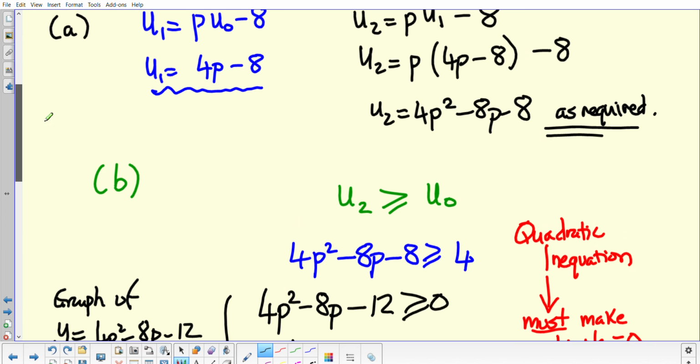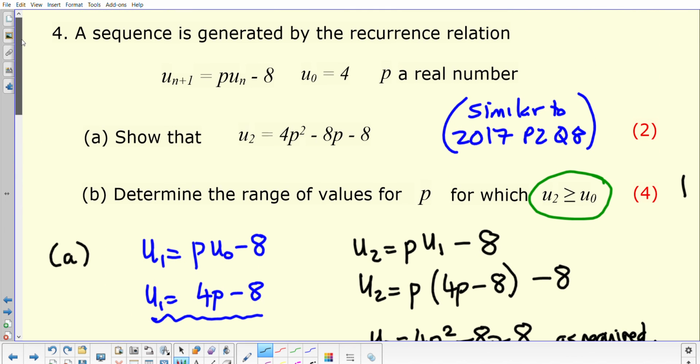So check through all of this work, look at your own solutions, look at where you might improve, see why you might not have got full marks. As I'm saying with this one here, just a test to make sure you've understood it is go back and do the 2017 paper 2, question 8 will definitely help you with that.